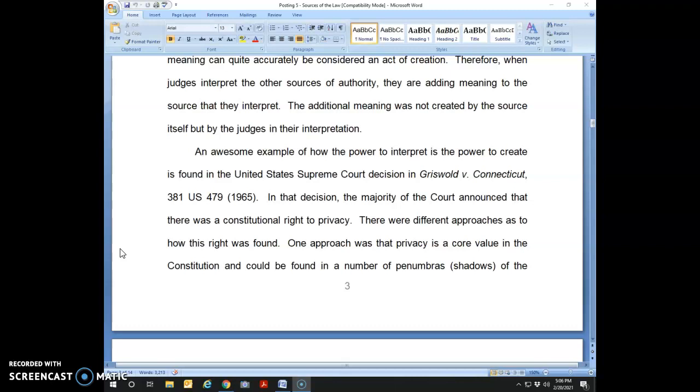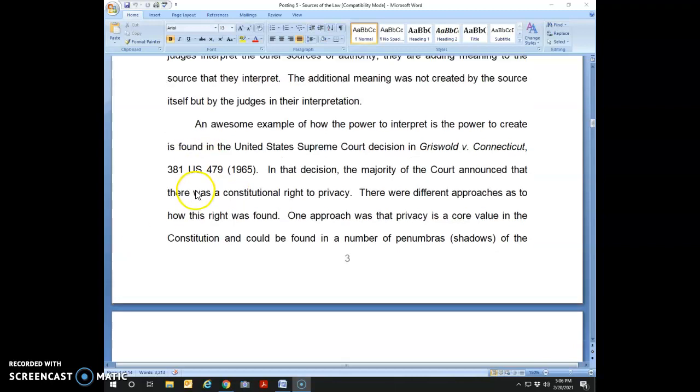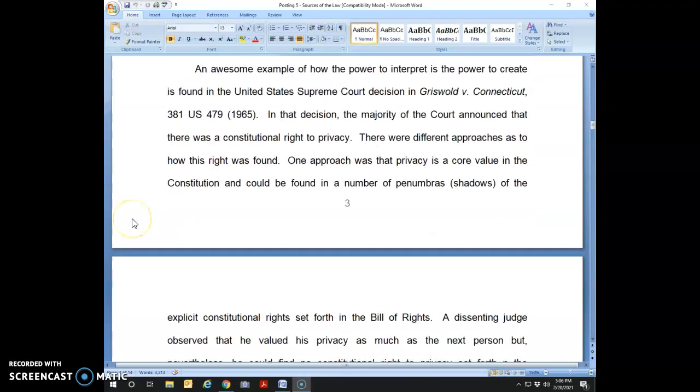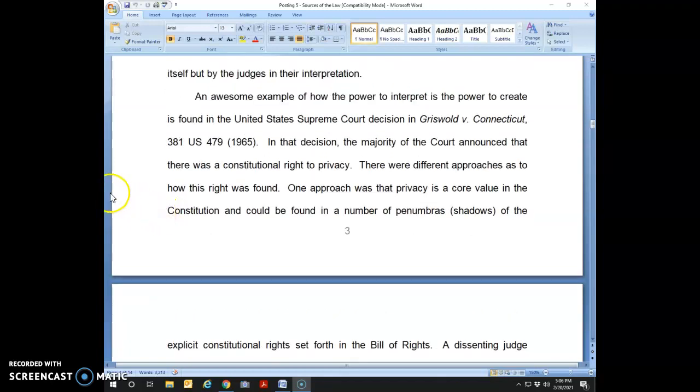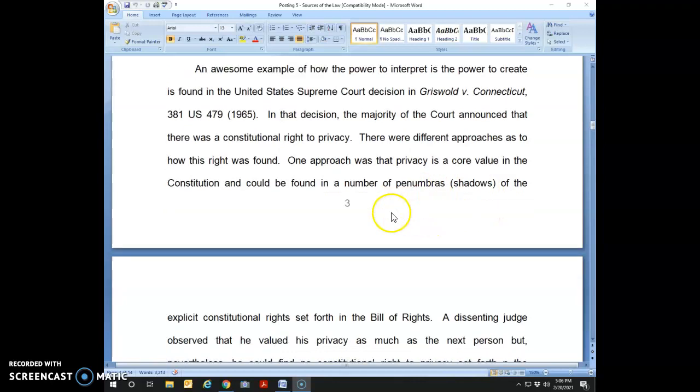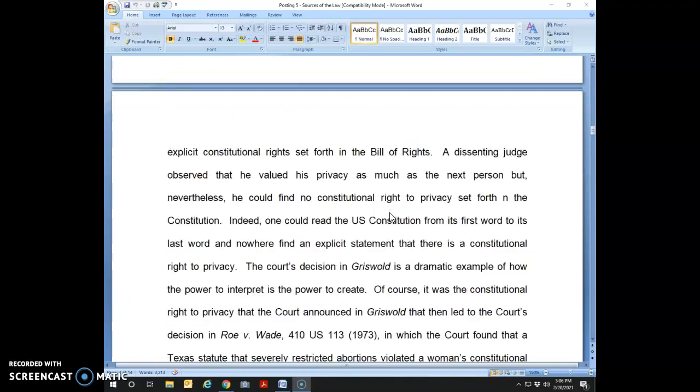And yet in Griswold versus Connecticut, by interpreting other parts, by necessity other parts of the Constitution, and they did it in a few ways, the court came up with this constitutional right to privacy. One of the approaches was that it could be found in a number of penumbras or shadows of explicit constitutional rights.